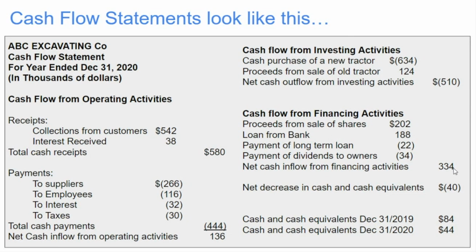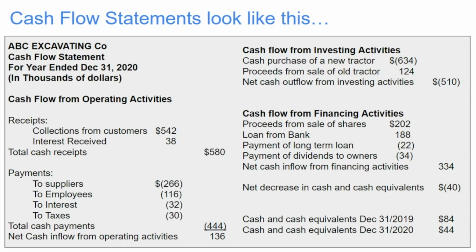So we had inflows and outflows related to financing the business, a net of $334,000. Okay, so this tells us that we did some financing there. We can see that people bought shares in the business, we got a loan, we paid down some debt, and these sorts of things went out.